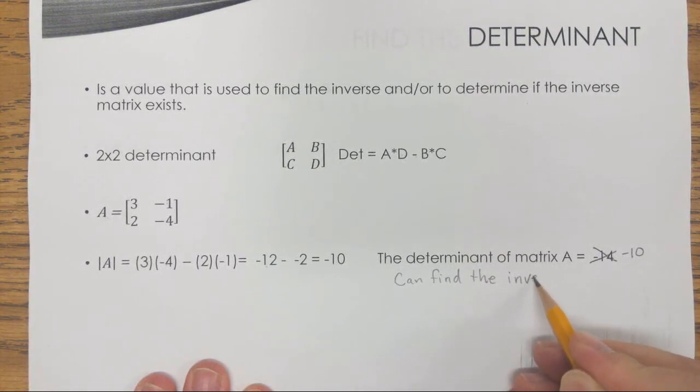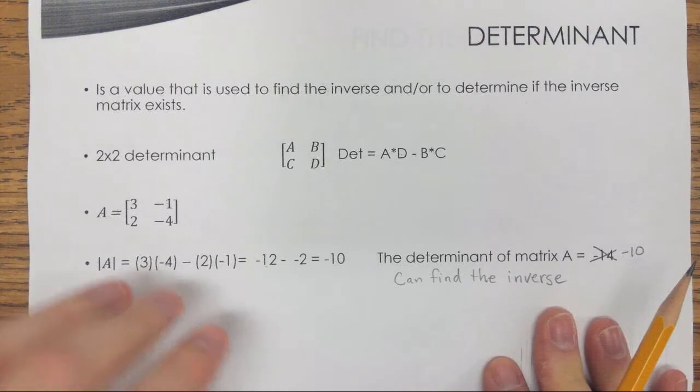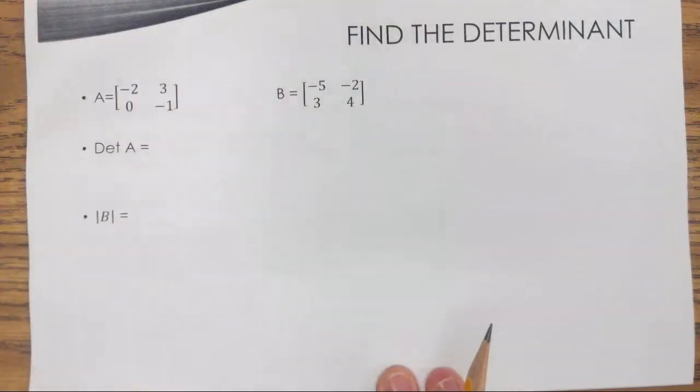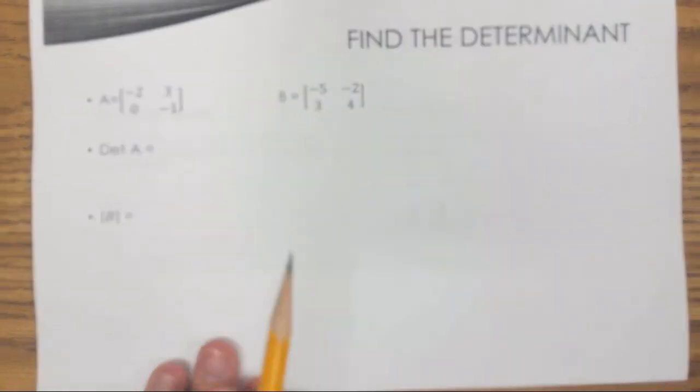In other words, the inverse exists. There's only one situation where the inverse of the matrix does not exist, and that is if the determinant is 0. Anyway, let's do a couple examples here.